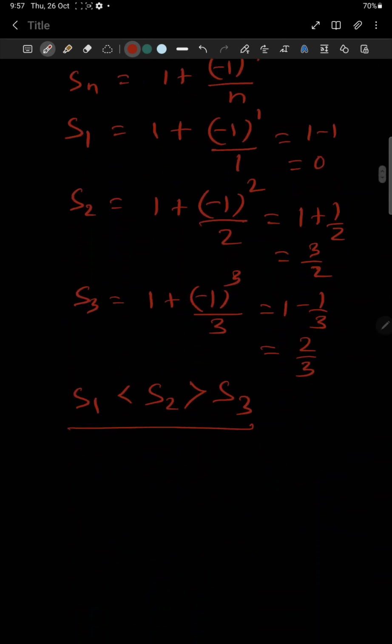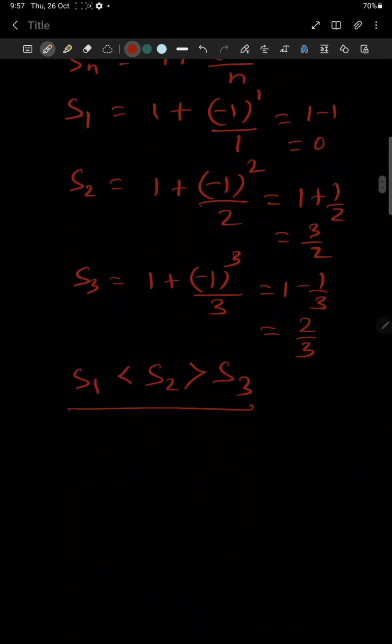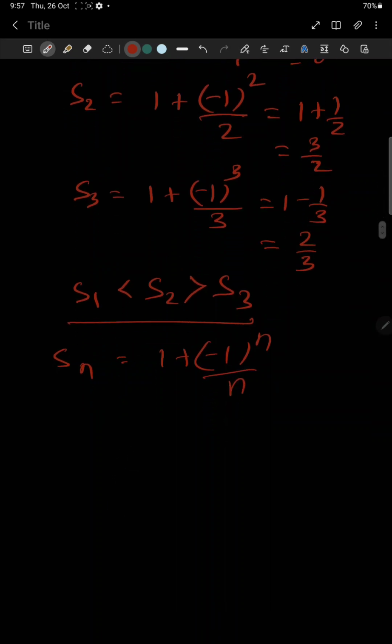Let us check it. The given sequence is Sn equal to 1 plus (minus 1) whole to the power n divided by n. If we break this sequence into two subsequences, we will mainly consider the even subsequence and the odd subsequence.